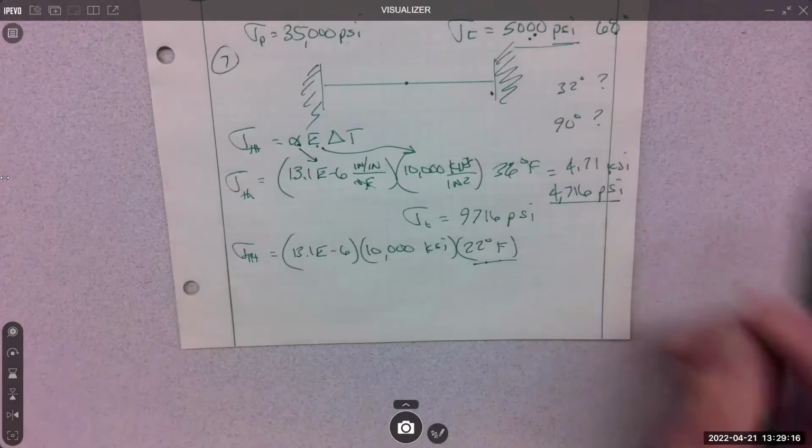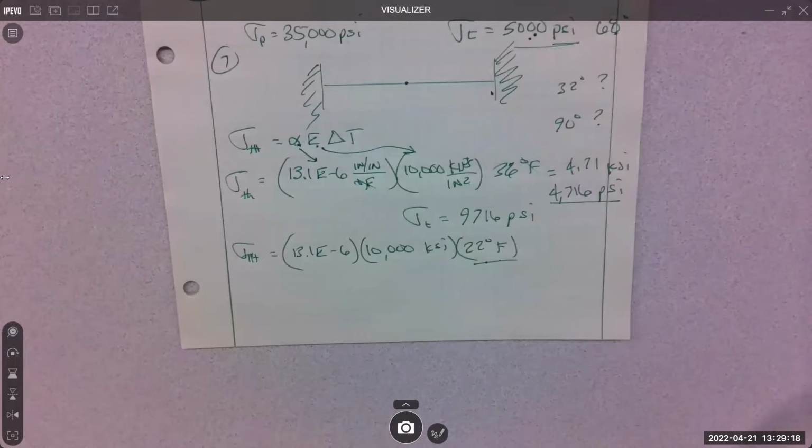Yep, 68. So the 5,000 was applied at 68 degrees. So that's like your baseline zero. I don't do negative and positive. I just think about getting hotter, which means it's going to expand things, which means if it's already got a tensile load on it, it's just going to relieve that stress. Because each problem is a little different.